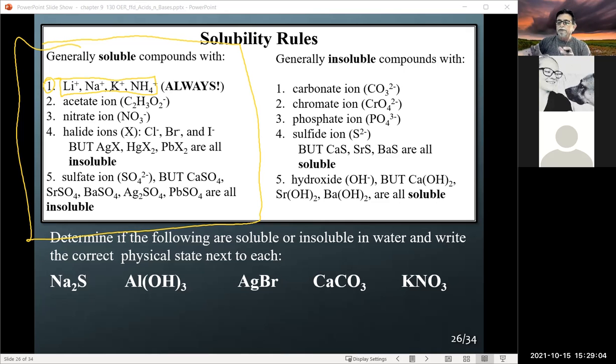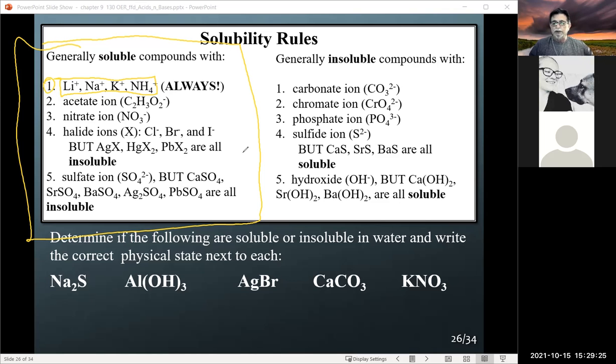Any anion, I repeat, any anion, whatever it may be, if it is partnered up with those big 4, it is always soluble. No matter what the corresponding anion is, if it's hooked up with lithium, sodium, potassium, and ammonium, soluble.